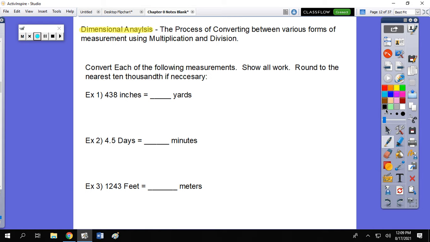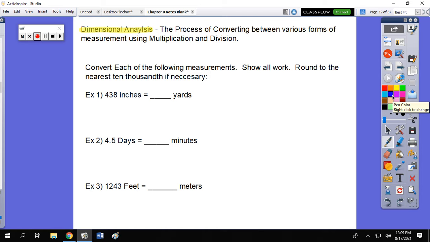Okay, so first we're going to review how you learned to convert in your junior high classes, in your middle school and elementary school classes. For instance, 438 inches is how many yards? Well, we learned in elementary school that we need to multiply or divide depending on whether we're going from a smaller unit to a larger unit or a larger unit to a smaller unit.